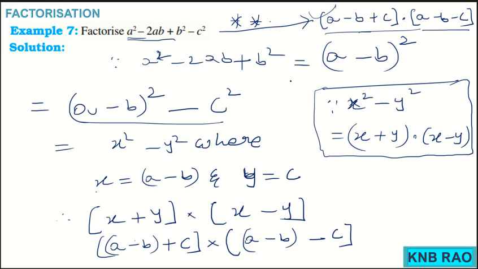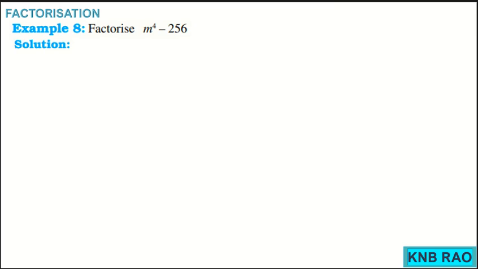Now, coming to example number 8. Children, in this example number 8, again this is a very important question. We will consider m power 4 minus 256 as first m square whole square minus 256. If you have any doubt, don't get confused.